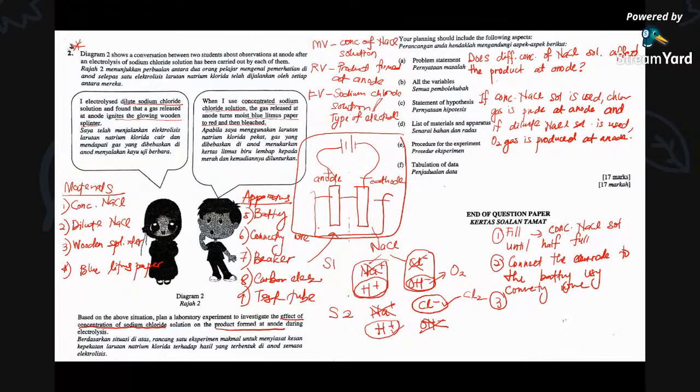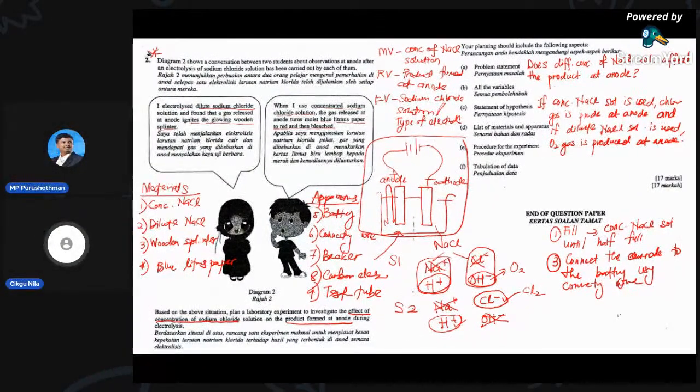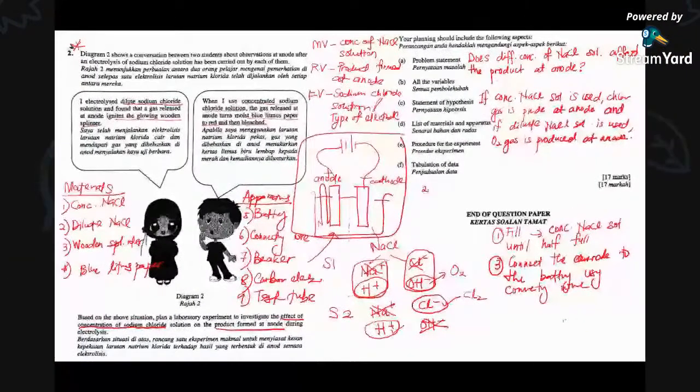So you need an additional test tube over here, an inverted test tube, so that the gas produced over here can be collected. So you have to add one more step over here. So your second step, write down over here, arahan first.